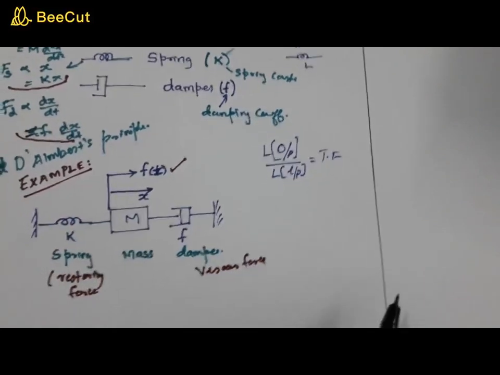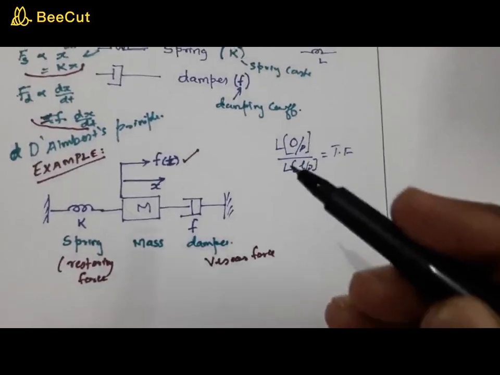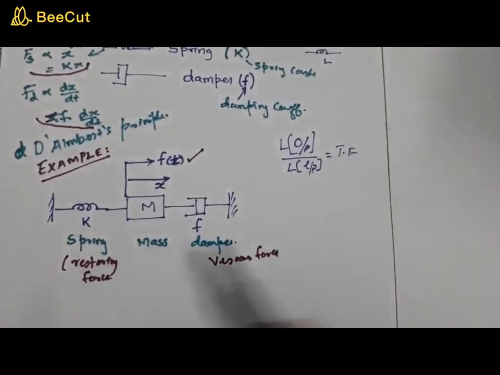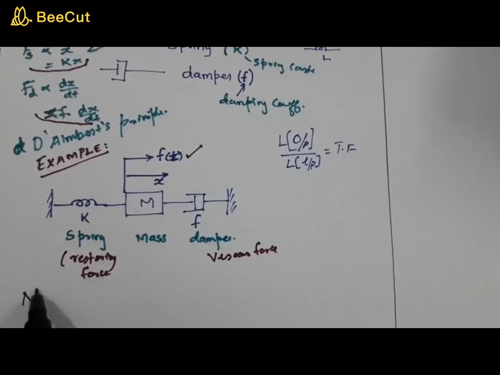Now in this system, just as we apply KVL or KCL in a series RLC circuit or a parallel RLC circuit, since it's a motion, we can apply Newton's second law of motion.